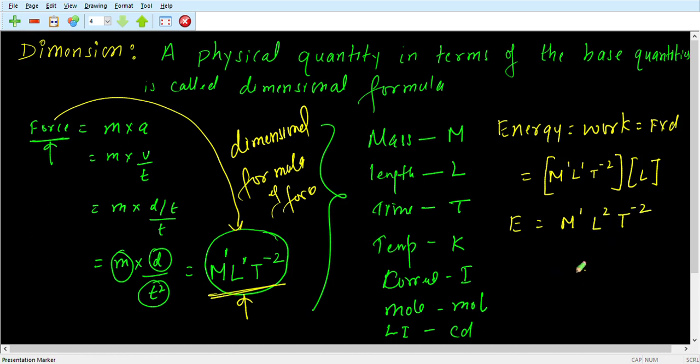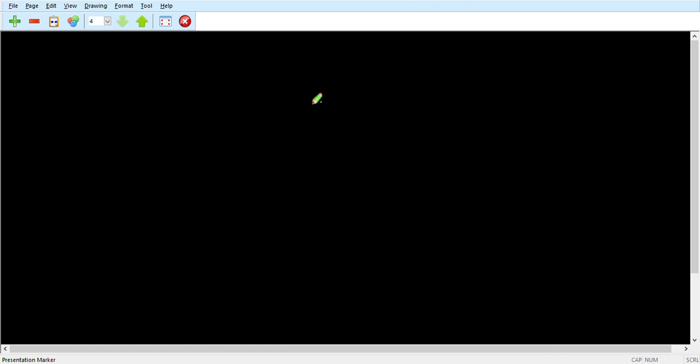Now our next concept is, what is the use of dimension? The topic is uses of dimension. The first and very important use of dimension is that it helps us find whether the given expression is dimensionally correct or not.